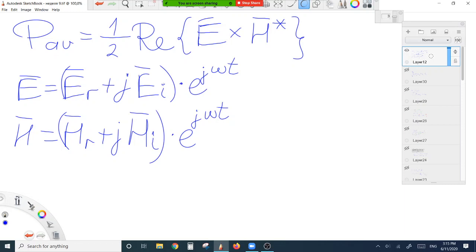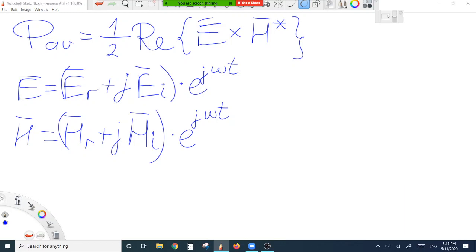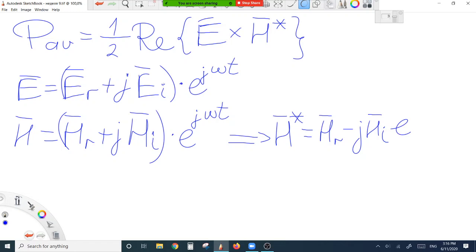So, first of all, let's see what is the complex conjugate of H. The complex conjugate of H is H real minus j H imaginary, times e to the power of minus j omega t.